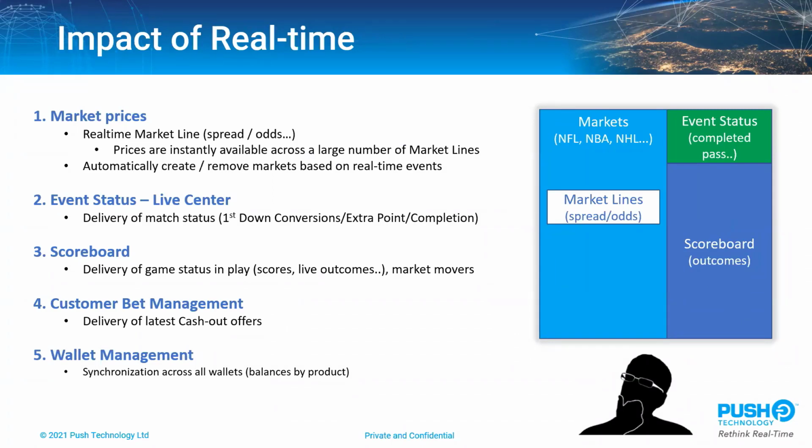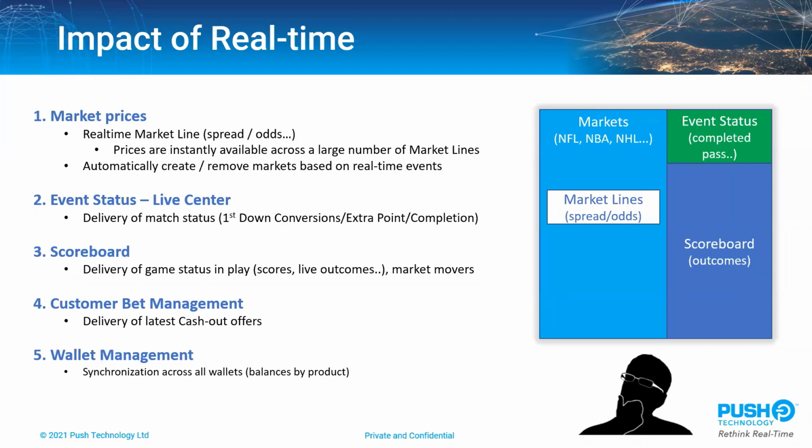It's really about maintaining those market prices, maintaining the market lines, the odds, in real time, giving the sportsbook an opportunity to add new market lines, adjust them, potentially remove them, or add brand new markets and events. And you see on the right how information could be streamed about markets.